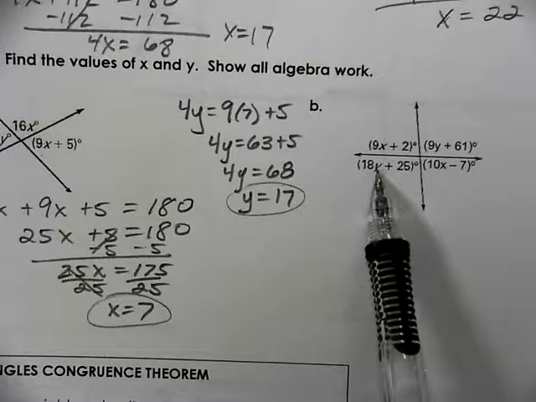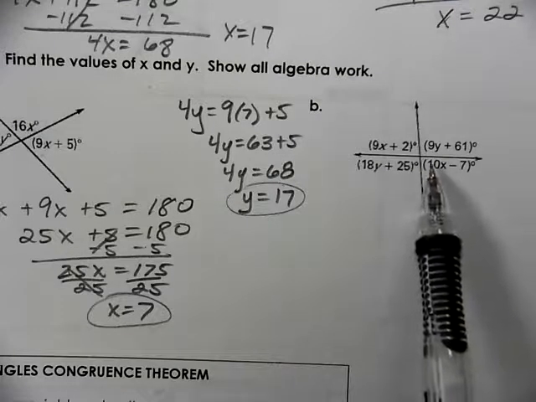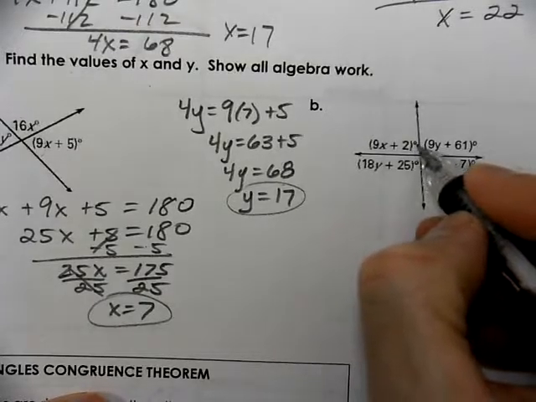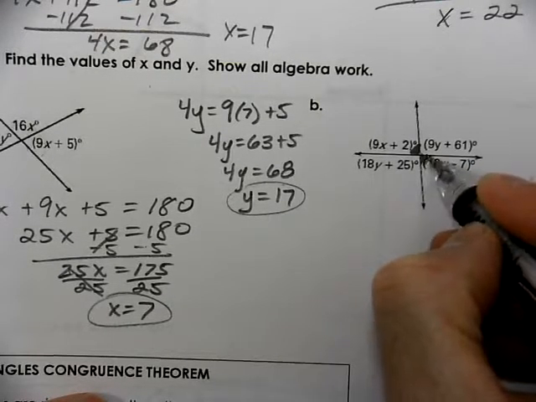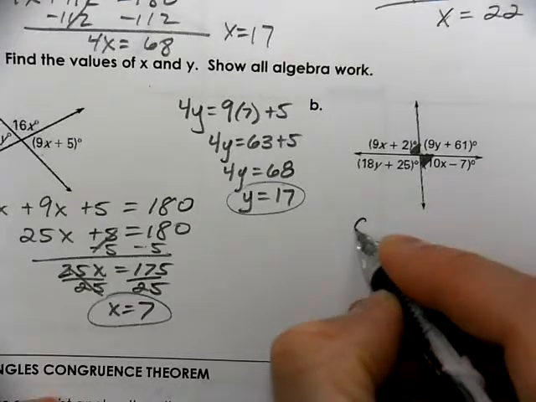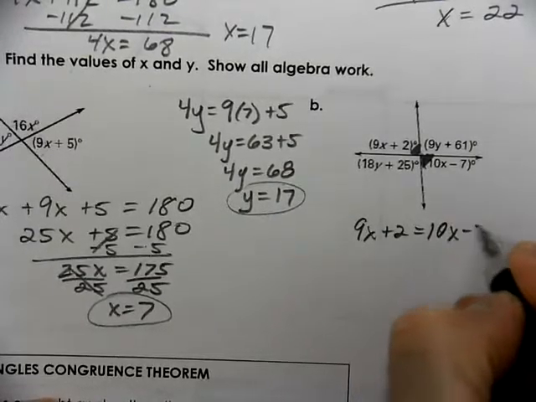One has an x, one has a y. Opposite angles have the same type. Opposite angles, because the two lines are crossing, it's kind of like the bow tie. These are vertical angles. So I know that the 9x plus 2 is going to equal the 10x minus 7.